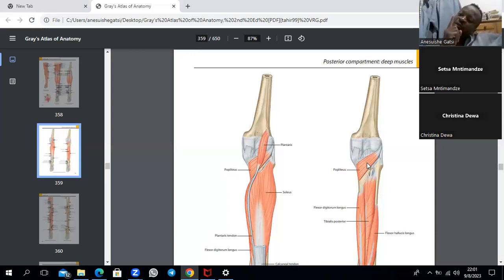Have you ever wondered why you can stand, but your knee joint will not rotate? It has to be locked. Otherwise, there was going to be a lot of rotation there. You wouldn't stand properly, right? So, there's a muscle that locks it. Most people prefer to talk about what unlocks, but they don't talk about what locks.